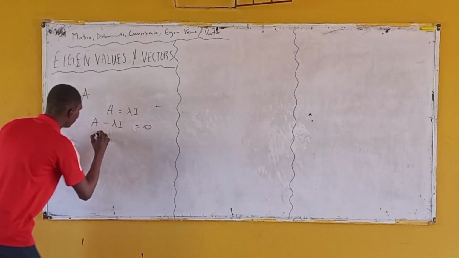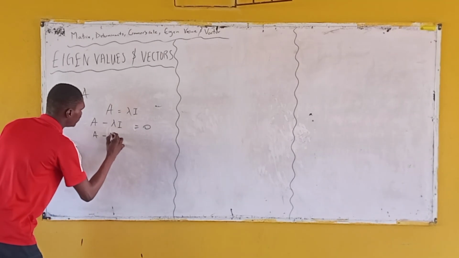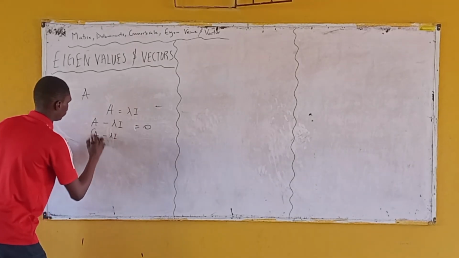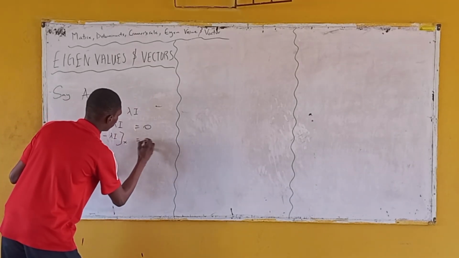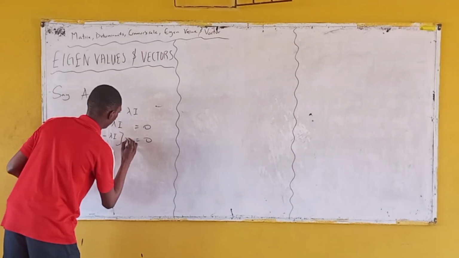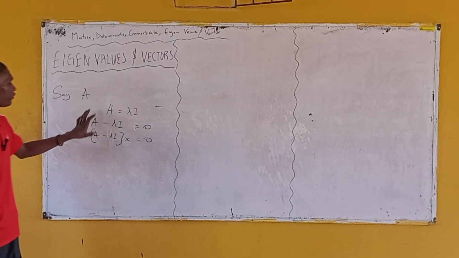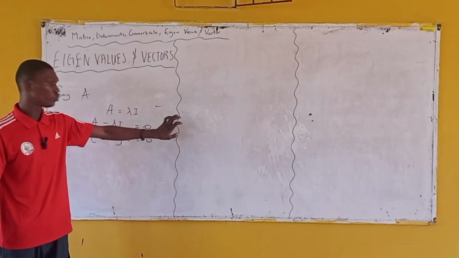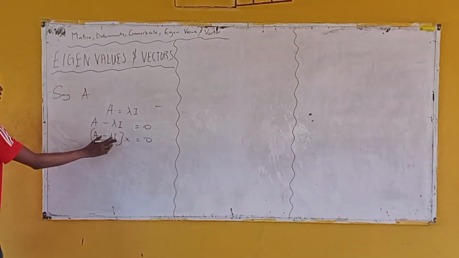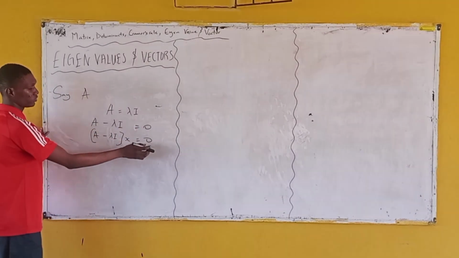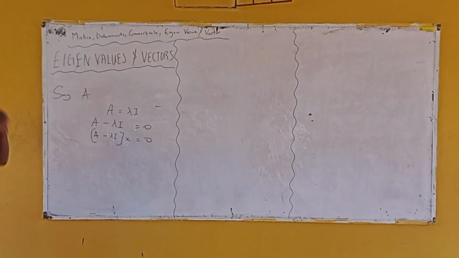So then if you are given another thing to find, we have A minus lambda I equals 0. A minus lambda I multiplied by x is equal to 0.